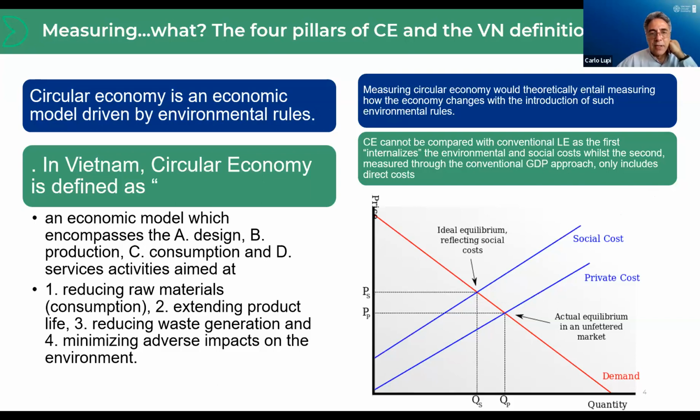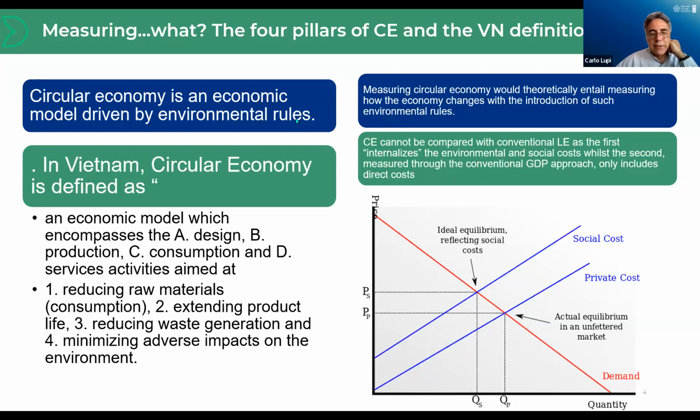So we should compare the two economies by using the same approach, which is at this stage extremely complicated, because either we change the GDP approach of the linear economy or we adopt a very sophisticated approach for circular economy to get the same measurement.